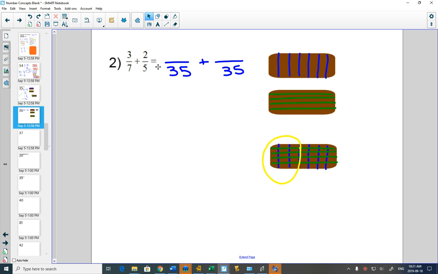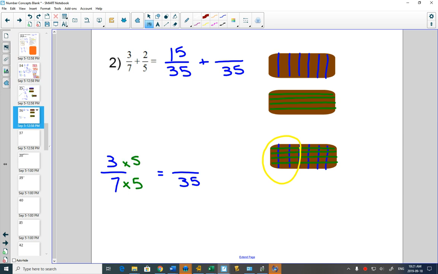Really easy to see that. Again, off to the side, what have we done mathematically? To get that common denominator of 35, we multiplied the bottom by 5. And when you have 3 of those pieces, we multiply that by 5. That gets you the 15. But again, you can really see it easily from the picture.